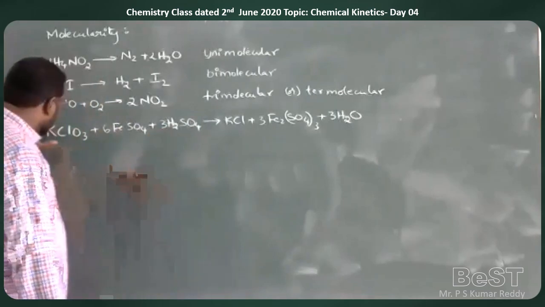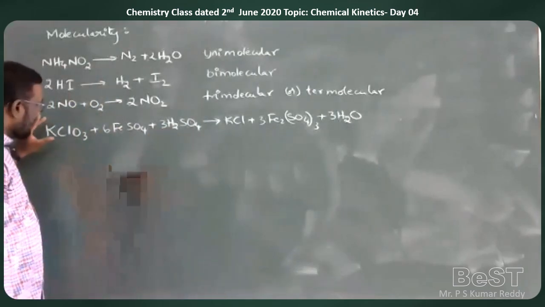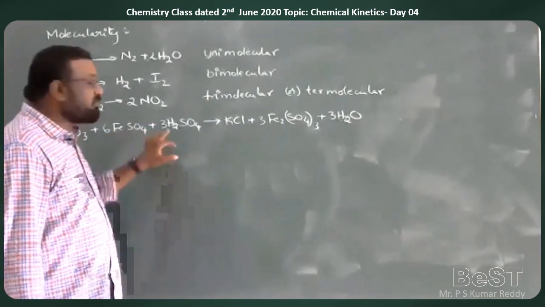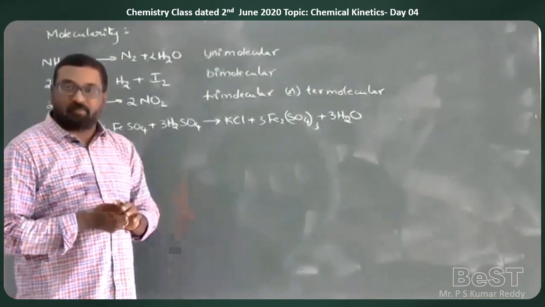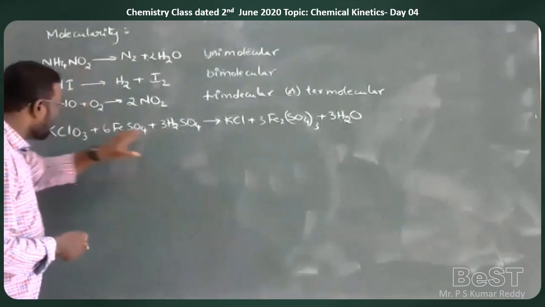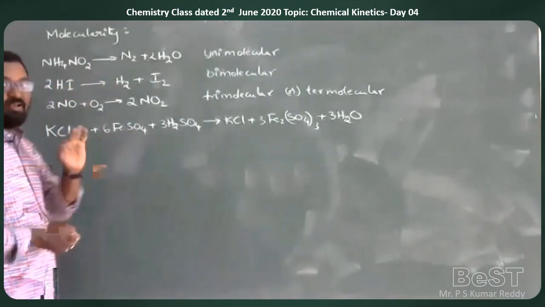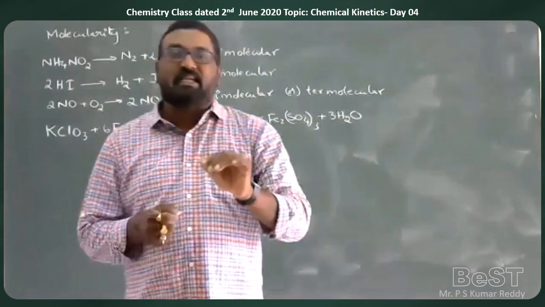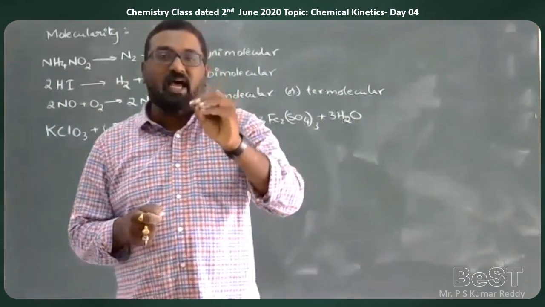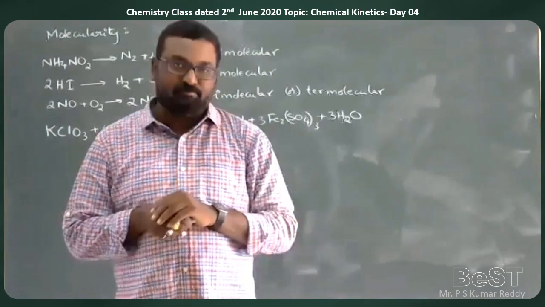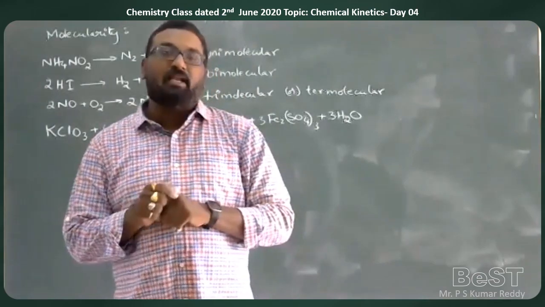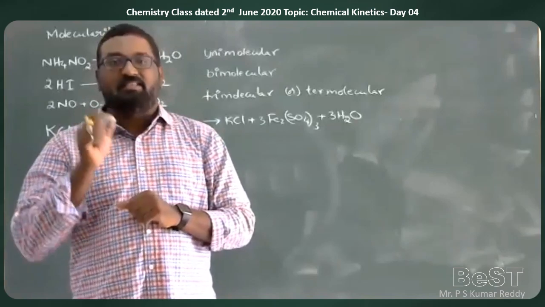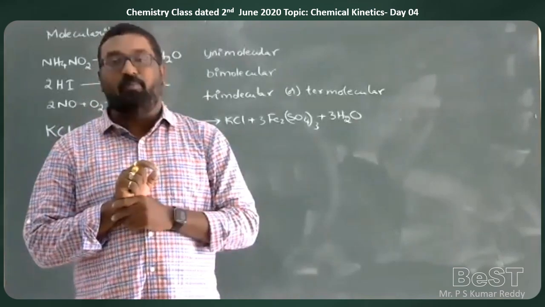That means a total of 3 plus 6, 9 plus 1, 10 molecules are involved here. But we cannot say that the molecularity of that reaction is 10, because the molecularity of any reaction could be 3 or less than 3 only. It cannot be more than 3.